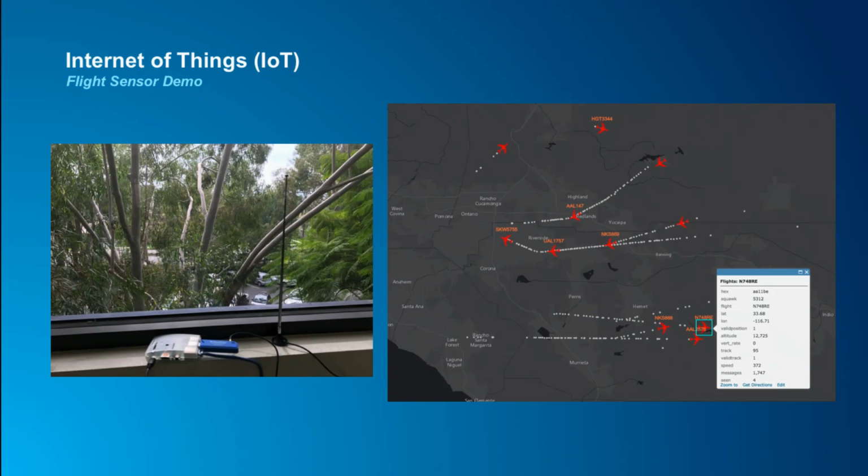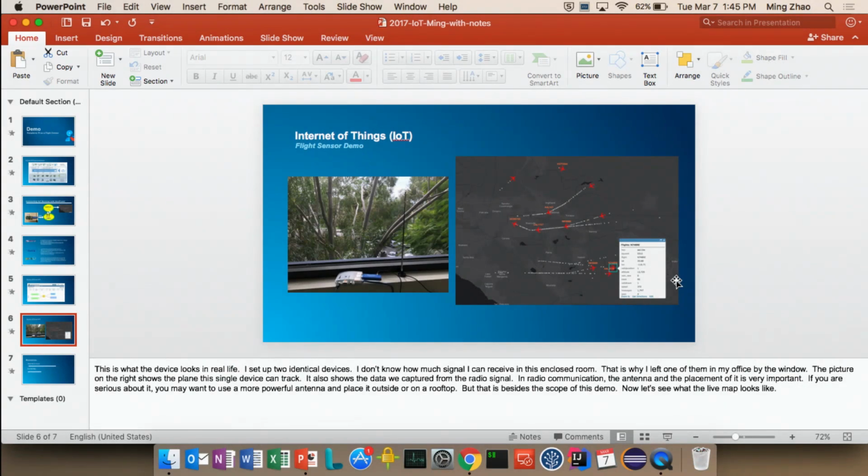And the picture on the right shows the plane this single device can track. It also shows the data that we captured from the radio signal. In radio communication, the antenna and the placement of it is very important, but it's beyond the scope of this demo.